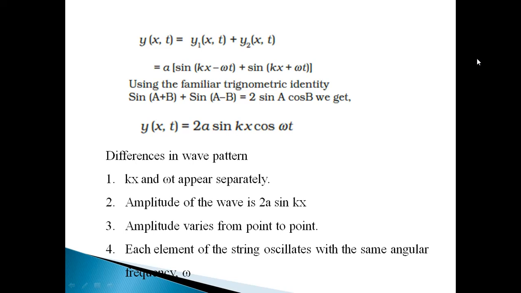Then the amplitude of the resultant wave is 2a sin kx. So when kx varies, the sine function varies and the amplitude varies. That is, amplitude varies from point to point. And each element of the string oscillates with the same angular frequency omega, because omega is along with cos omega t.